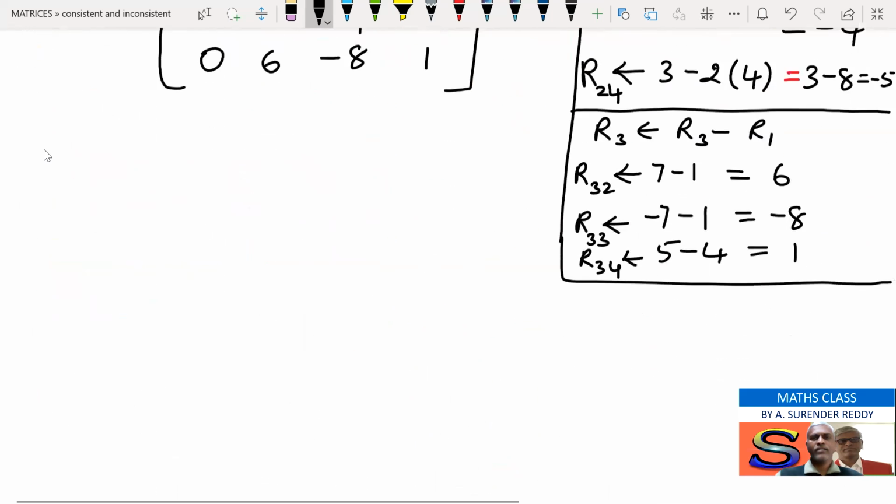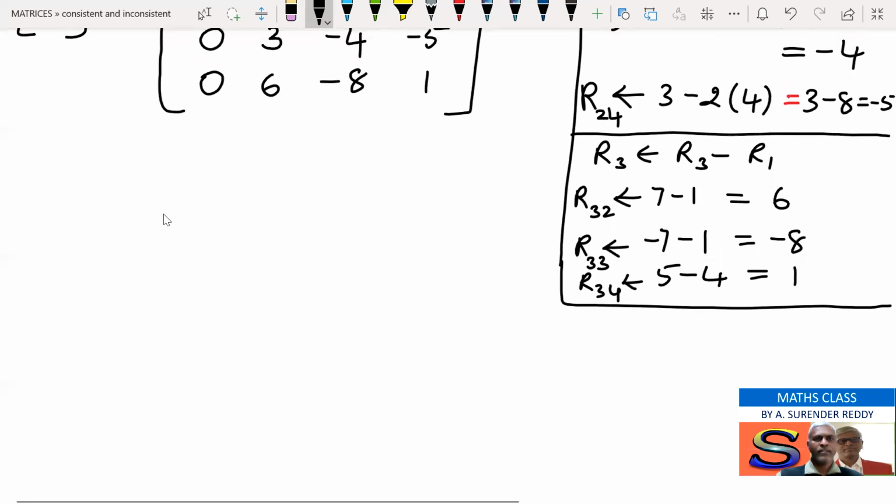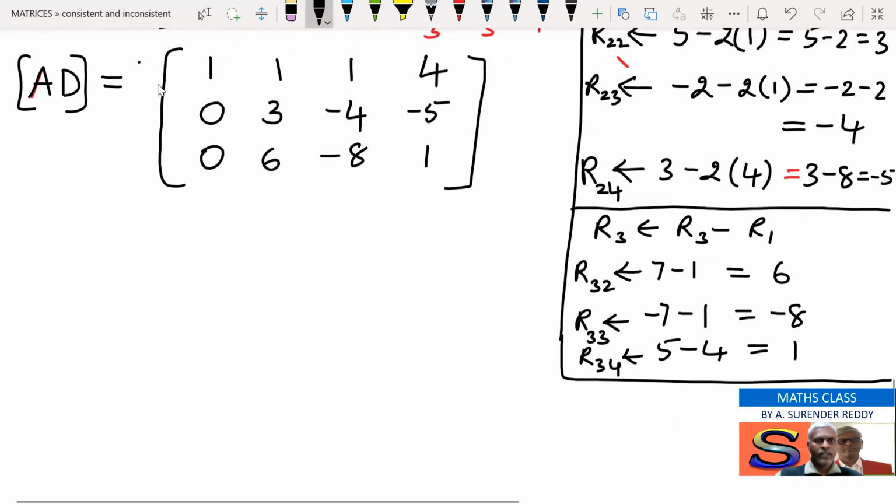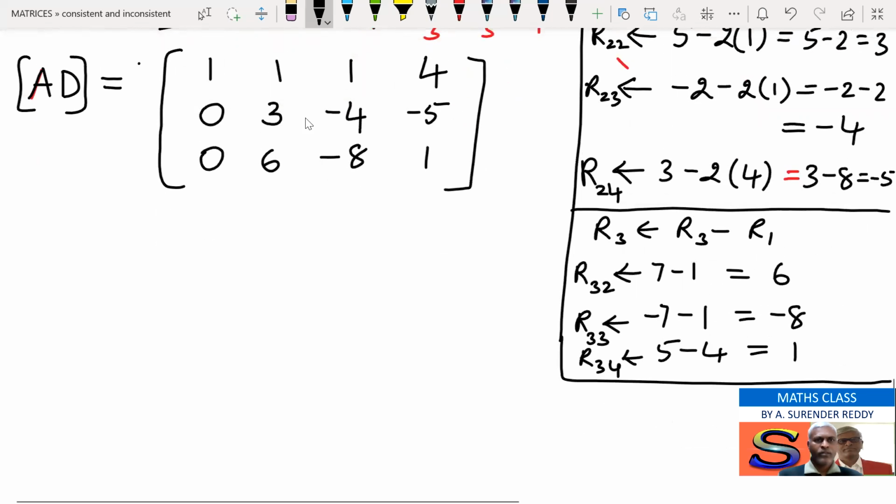Now in second step, we want to convert this one and this one as 0. Now first let us convert this one to 0.